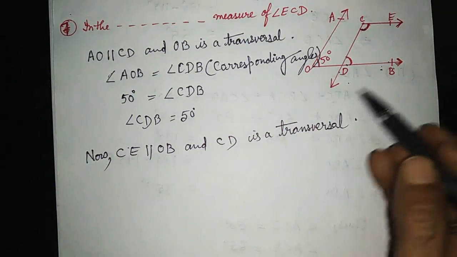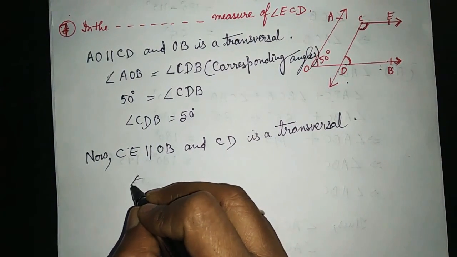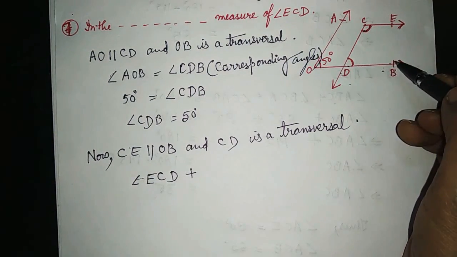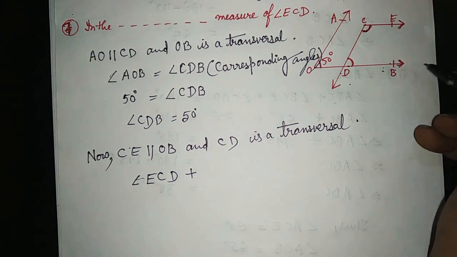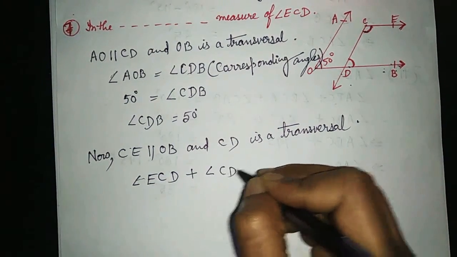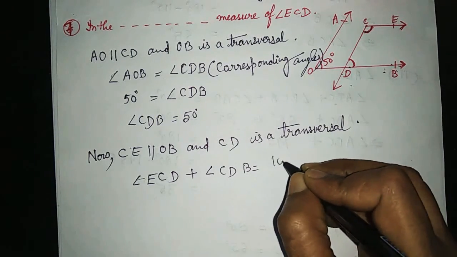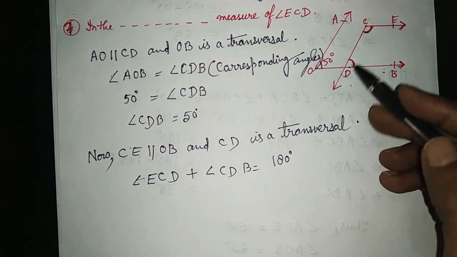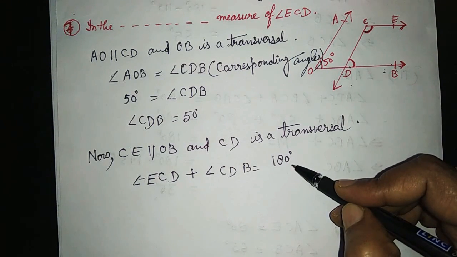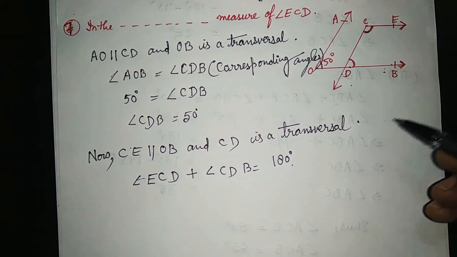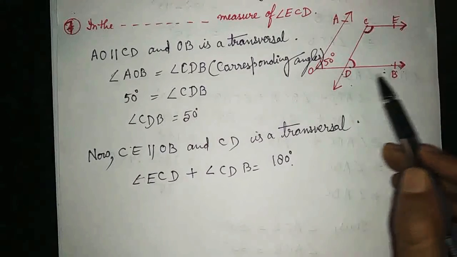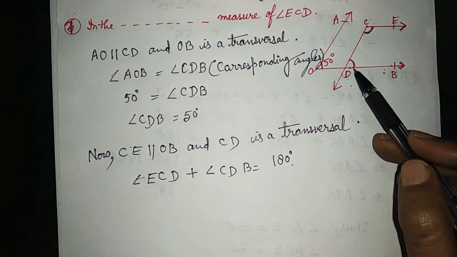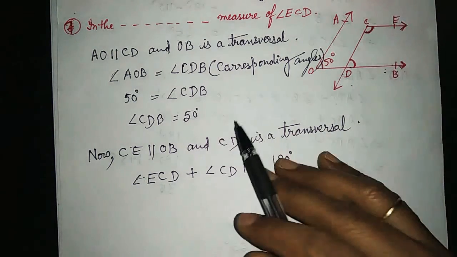Now here angle ECD plus angle CDB is equals to 180 degree. Now you will think why I have written sum of these two angles equals to 180 degree. Then students, see here carefully, as these two lines are parallel and this is transversal line, and these two angles are forming on the same side of the transversal line.